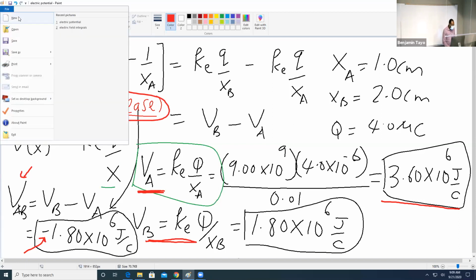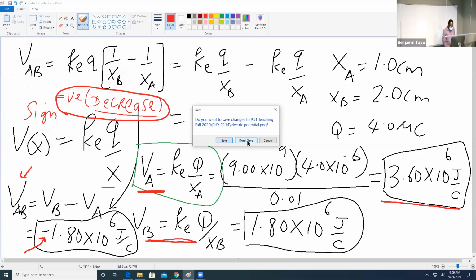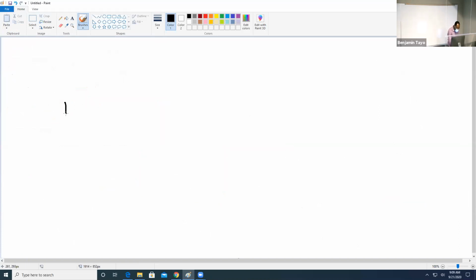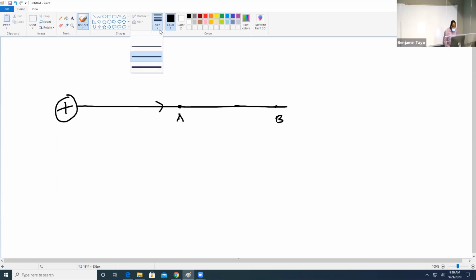So let me open a new one. So this is the problem that we're solving. You have a positive charge, it generates these electric fields. And then we said that this is my point A and this is my point B. So what we've seen so far is that we have our potential at point A was 3.60 times 10 to the power 6 joules per coulomb.